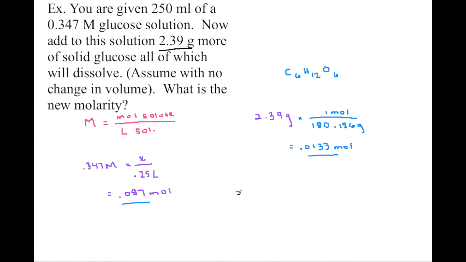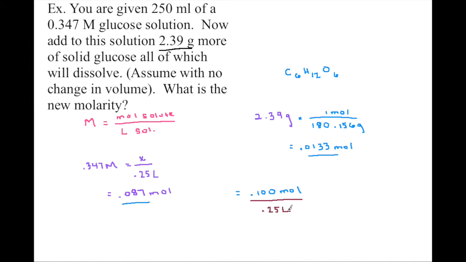So I now have this many moles and this many moles of glucose in my solution. If I sum them together, I find out that I have exactly 0.100 moles. Now, the volume of my solution stays the same, so this is my total number of moles of solute, of glucose. I'm going to divide that by the volume of the solution, which is 0.25 liters.